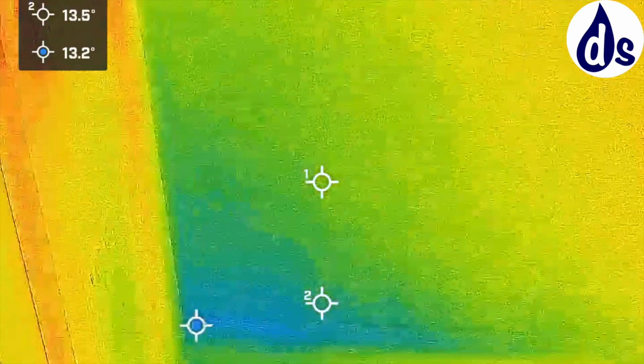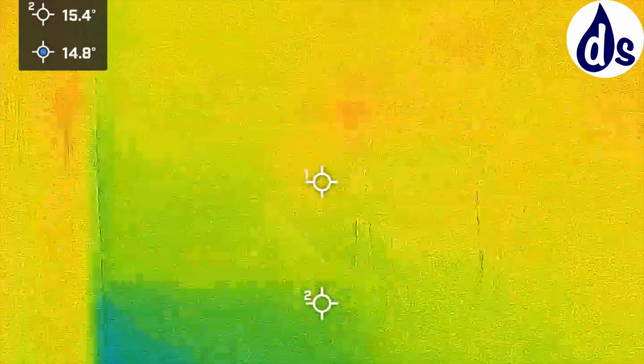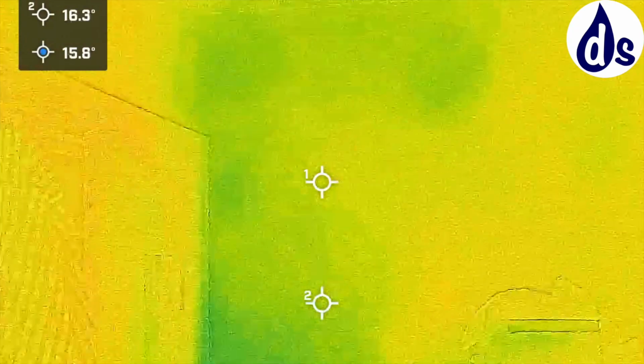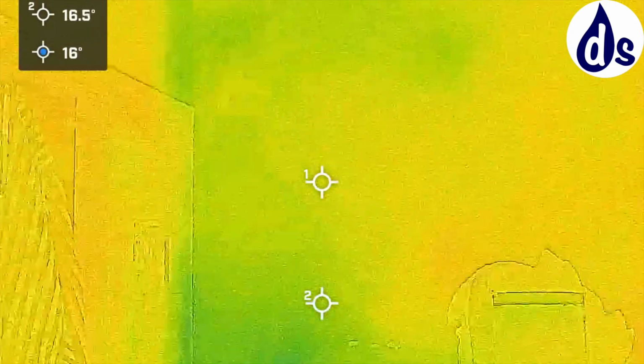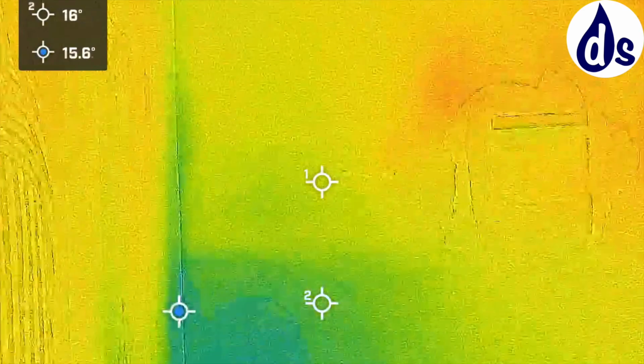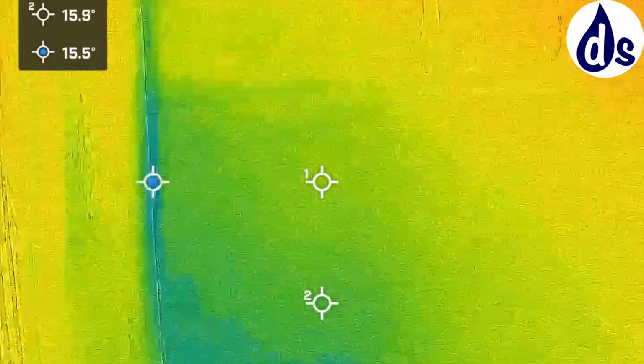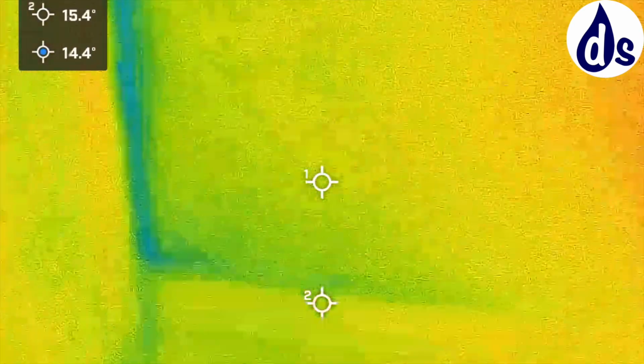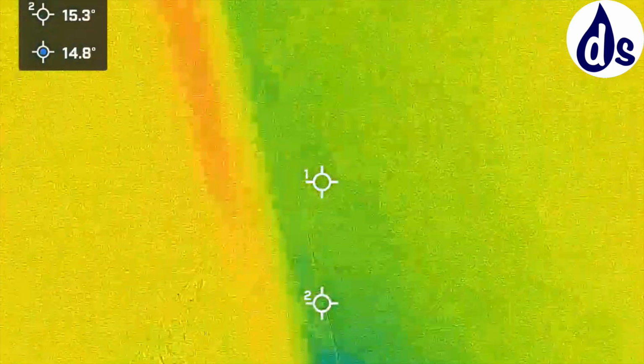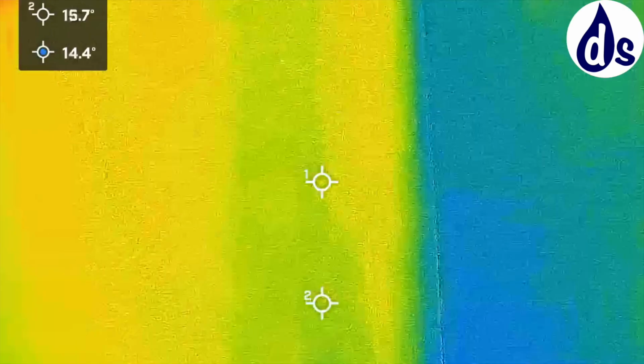It's not particularly showing up today, but I think that's because we have had that window open, which is the right thing to do.